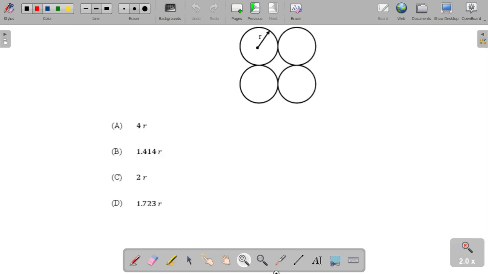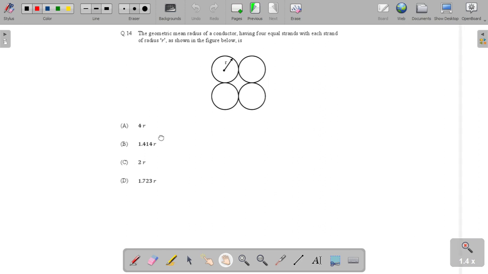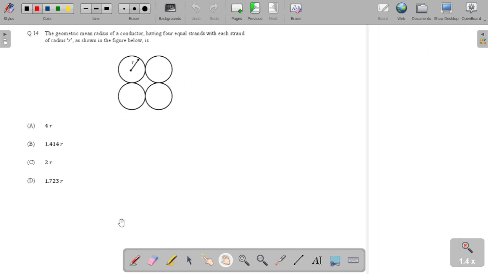So this is our next question. This question is asking: the geometric mean radius of a conductor having four equal strands, with each strand of radius r as shown in the figure below, is. So basically the question is asking about the GMR.